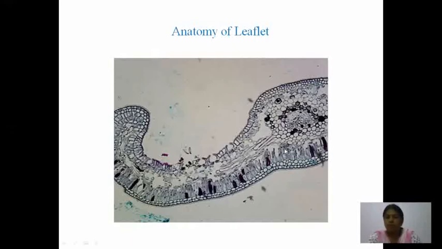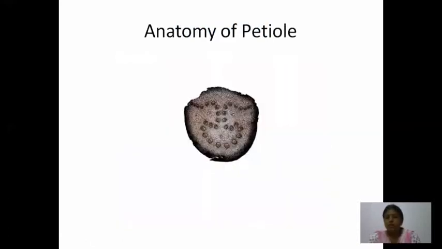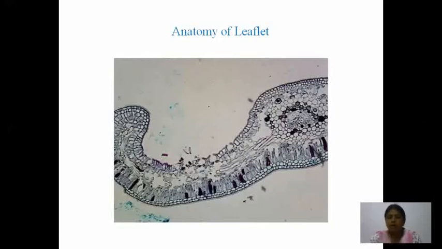Below the upper epidermis, you see the region that is hypodermis. In this hypodermal region the cells are very compactly arranged. Below this region, you see the mesophyll tissue. The mesophyll tissue is divided into two cell types, that is palisade and spongy parenchyma. In this palisade tissue, see the columnar cells.